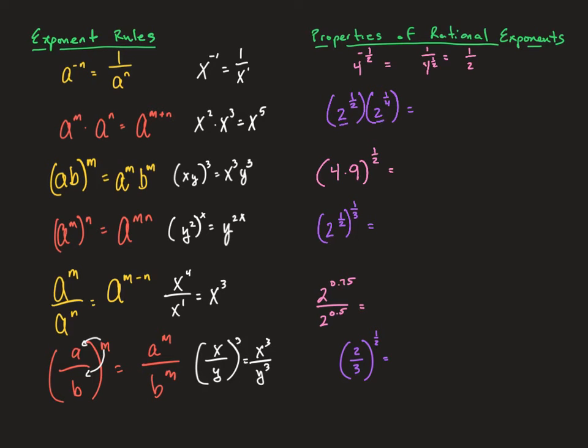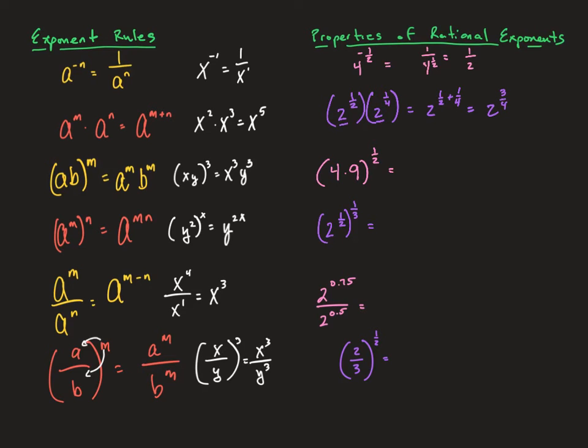I have 2 to the 1/2 times 2 to the 1/4, and again, we can put this into the calculator, but if you don't understand the properties, when it starts getting into algebraic expressions, you're going to have some difficulty. So that would be 2 to the 1/2 plus 1/4, which, remember, when you're adding fractions, you need common denominators.